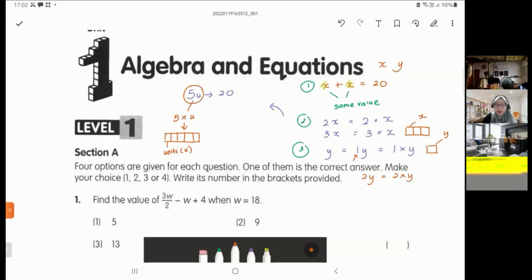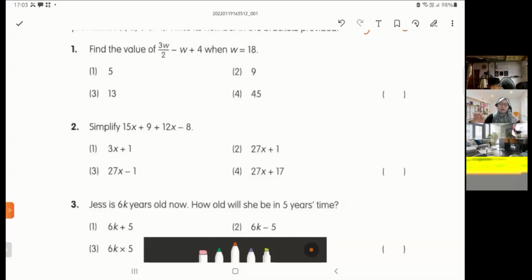Understand? Okay. So number 1: find the value of 3w over 2 minus w plus 4 when w equals 18. It seems very complicated, right? But if you substitute, we are going to look at this w and substitute all the w's in this equation.